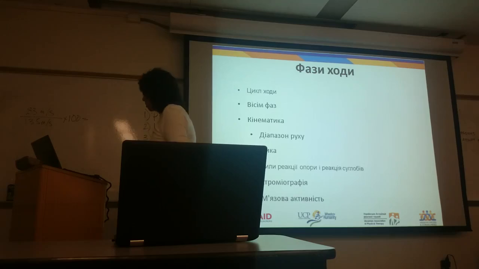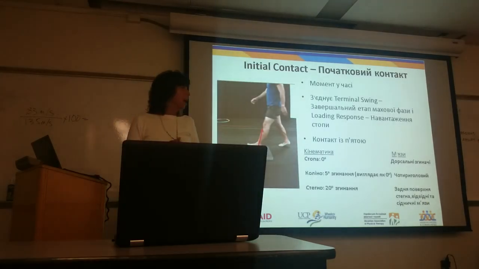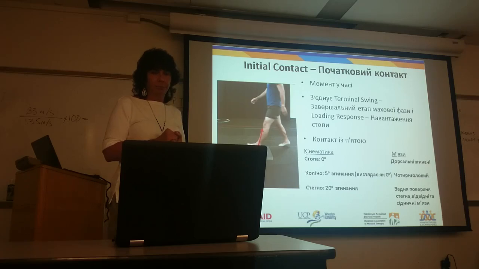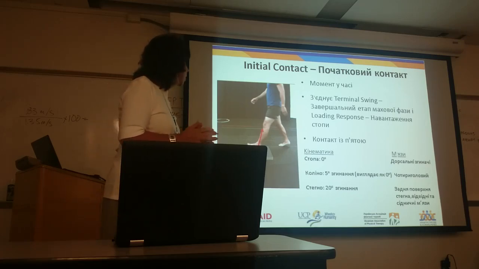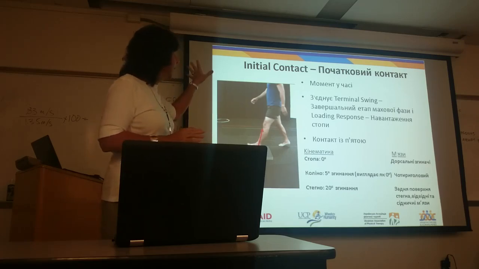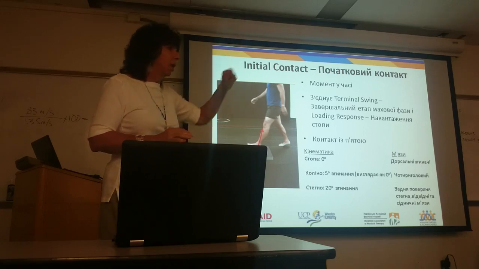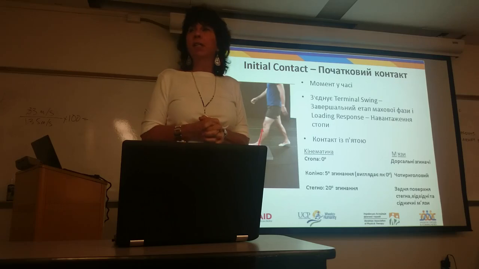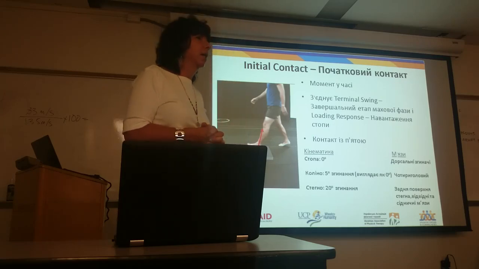Okay, so what we're going to do now is start talking about the phases of gait. What we're going to do is we have these in English and in Ukrainian. The first phase of gait is initial contact.